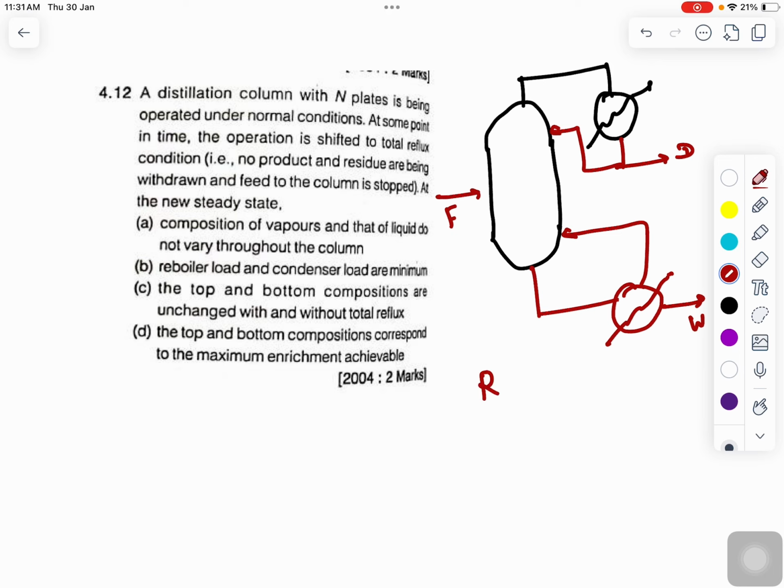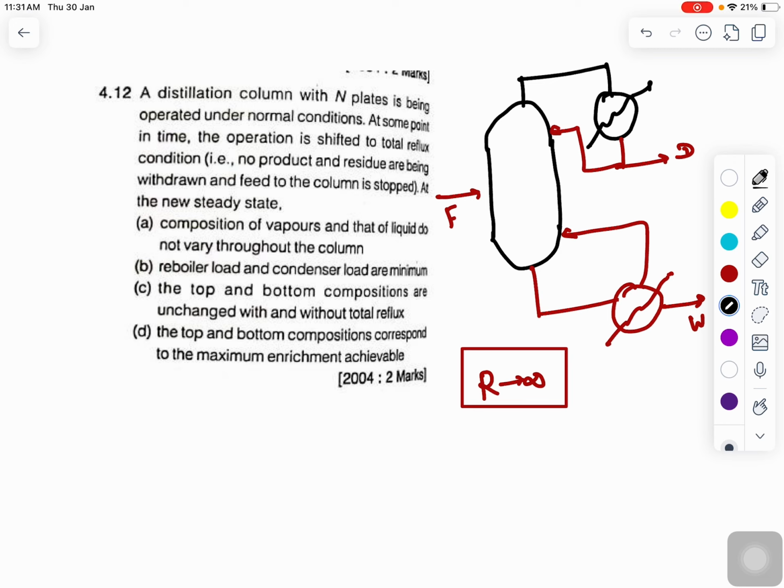When total reflux condition is there, the reflux is tending to infinity, right? In that condition, the top and bottom compositions correspond to the maximum enrichment achievable. Why? Because whenever it is shifted towards the total reflux condition, the more volatile component in the liquid phase will start coming more and more into the vapor phase.